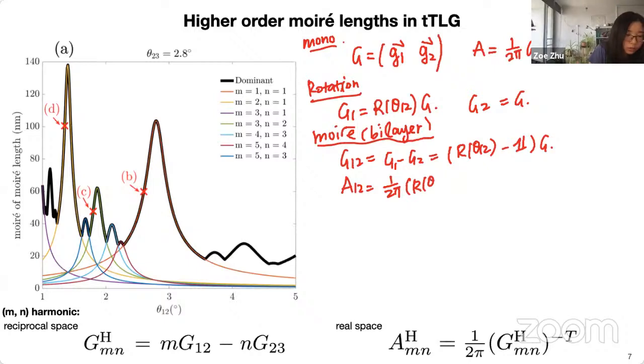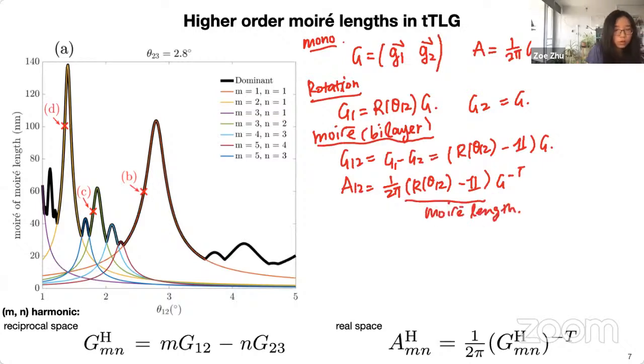And this prefactor would basically give you the moiré length. So this is how we obtain the bilayer moiré pattern in real space.